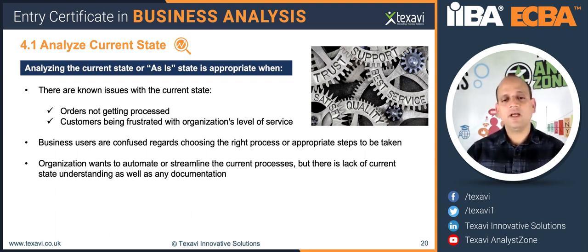Business users are confused regarding choosing the right process or appropriate steps to be taken. Very important, because they do not know which ones to choose from. They're confused and they do not know how to go about it. For example, if you're talking about buying an industrial oil or industrial glue, some people are clueless as to what is the best solution, what are the requirements, where to go to get that, because it's not the run-of-the-mill product.